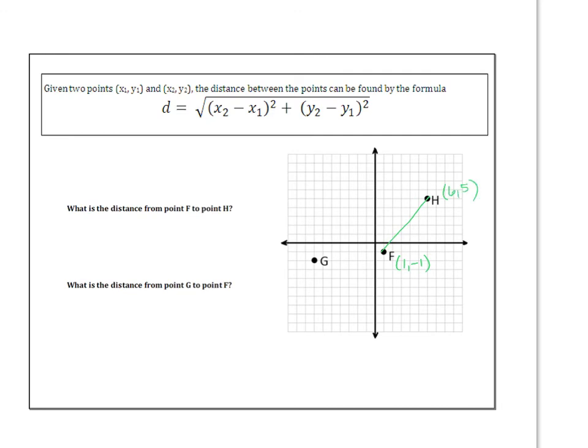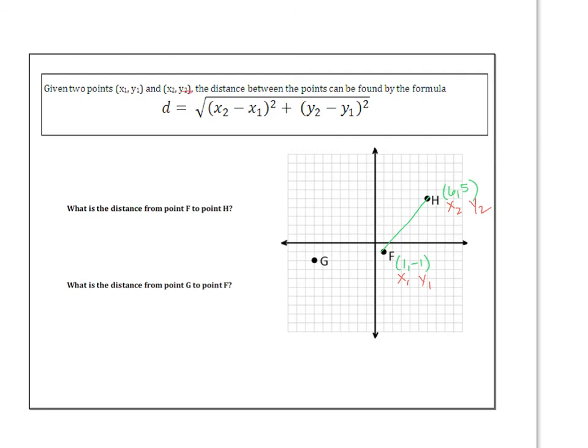So what we're going to do is we're going to look at our x values and our y values. And it doesn't really matter which one you start with. I guess I'll just call this my first x and my first y. So x1 and y1, those are subscripts. They're naming the letters. And then this can be my second x and my second y. So that does not mean to square them or anything. It's just like the name of them.